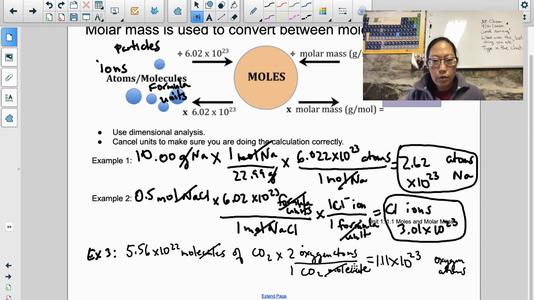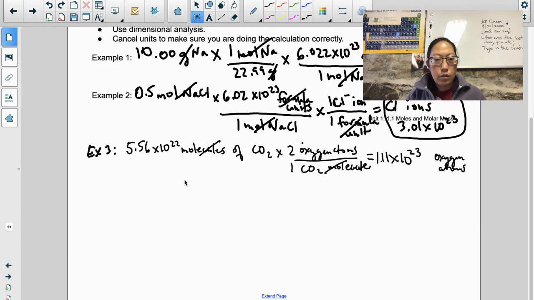So that's kind of how we'll convert between the distinct oxygen atoms and the molecules. Now, just a reminder, what if we only had moles instead, moles of CO2, and we wanted to go to oxygen atoms.